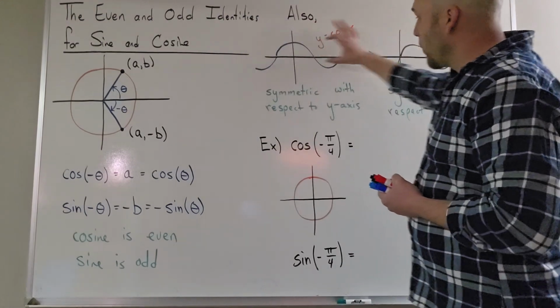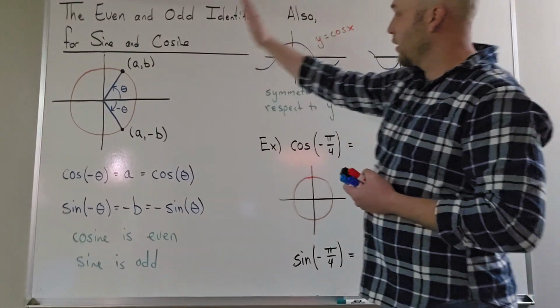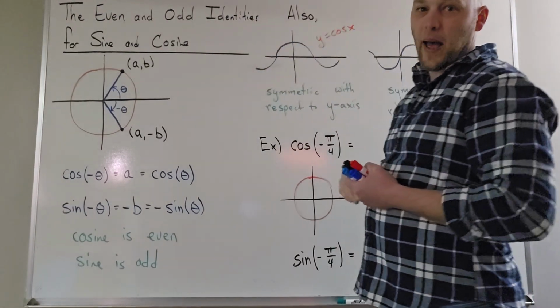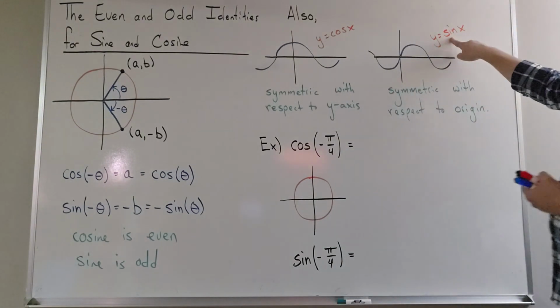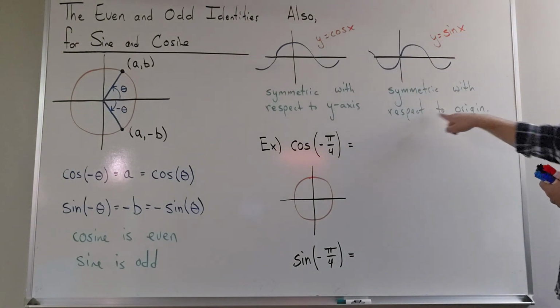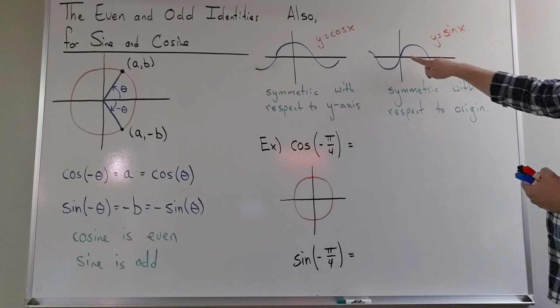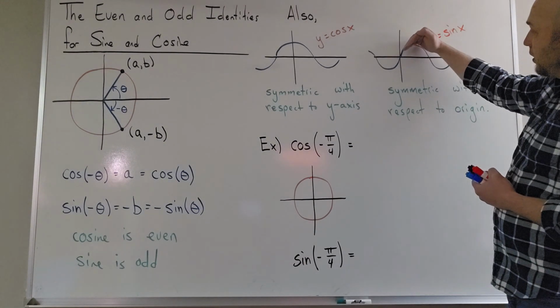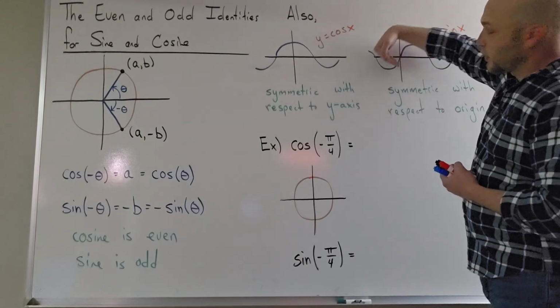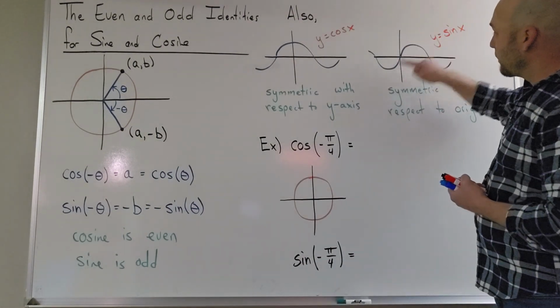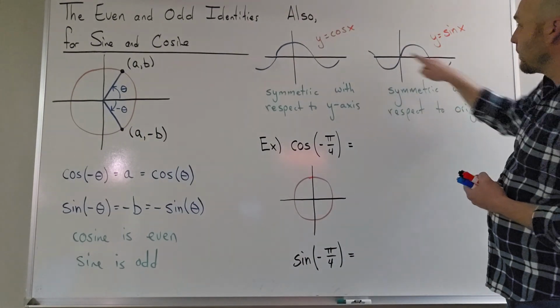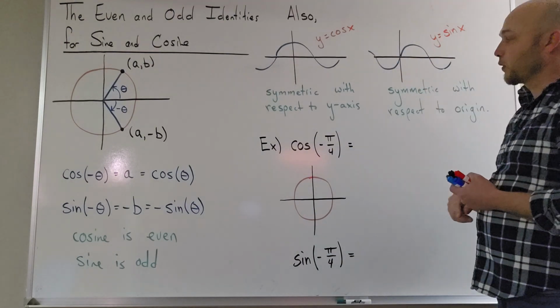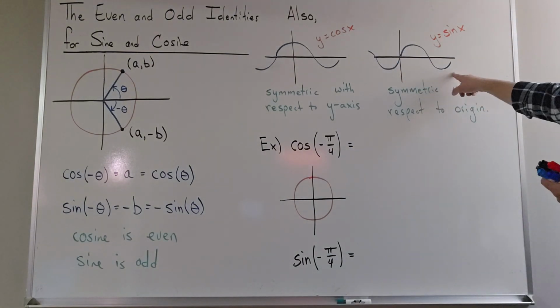As far out as I want to go here, I can rotate it over 180 degrees and those sides will match. On the other hand, the sine function is symmetric with respect to the origin, meaning if I use the origin as a pivot point and I take, say, this first hill and I rotate it 180 degrees, this hill would match this valley. This valley would match this hill, so on and so forth. That means that it's an odd function.